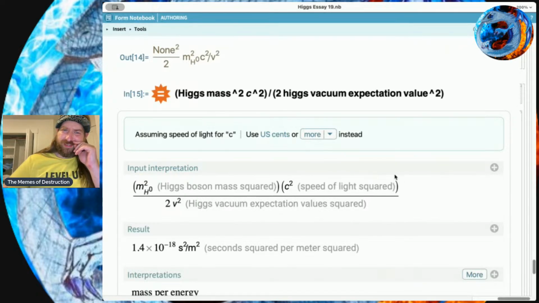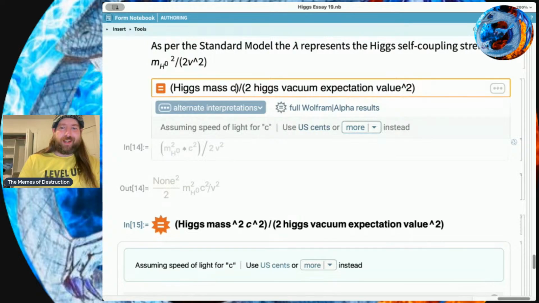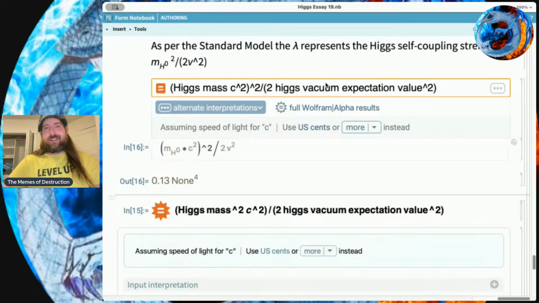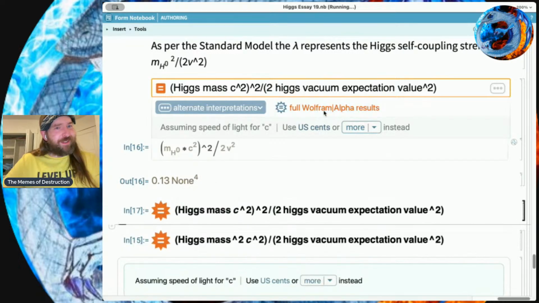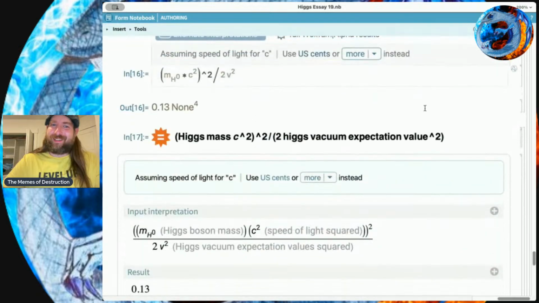Supposed to know this. The whole thing. Algebra is not that good, and that's what I'm relying on. There we go. Now we're dimensionless.